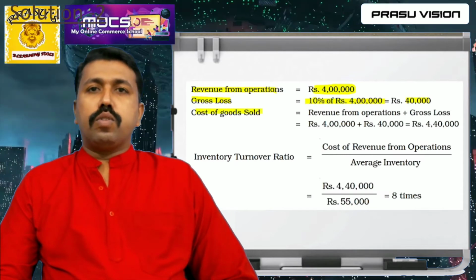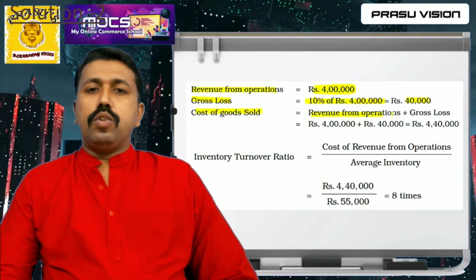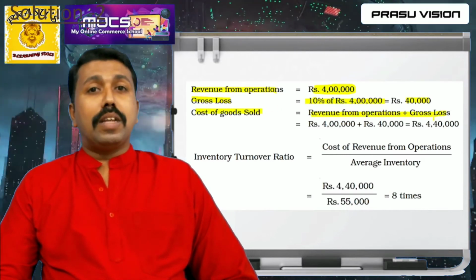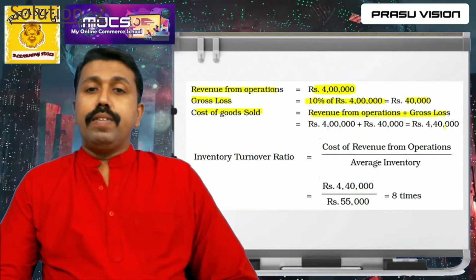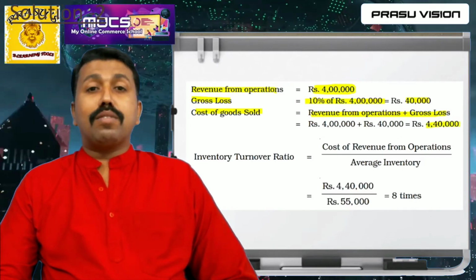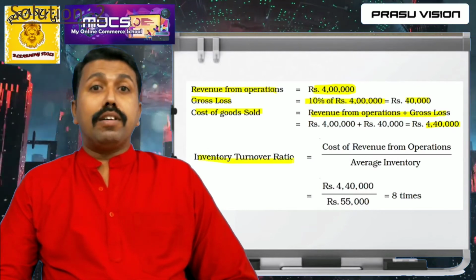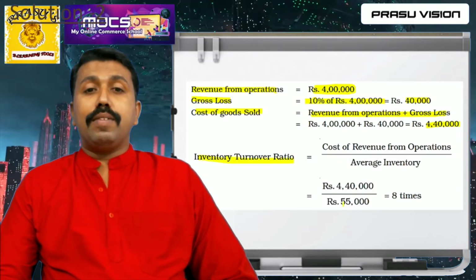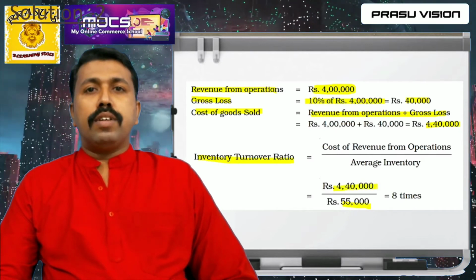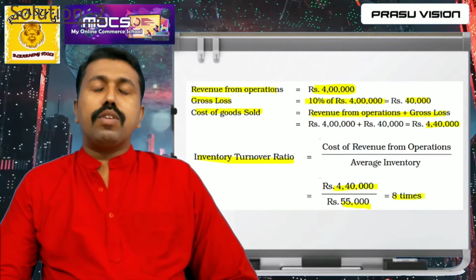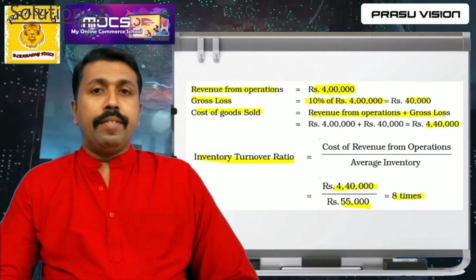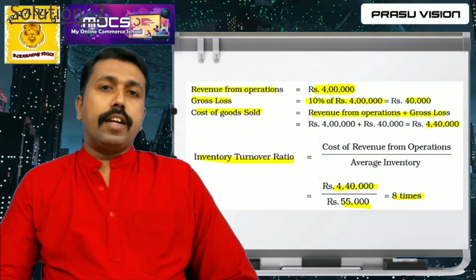The cost of goods sold is calculated using the equation revenue from operation plus gross loss: 4 lakh plus 40,000, that is 4 lakh 40,000. Then you can directly apply, because the average inventory value is given as 55,000. So 4 lakh 40,000 divided by 55,000, we get 8 times as the value of the inventory turnover ratio.